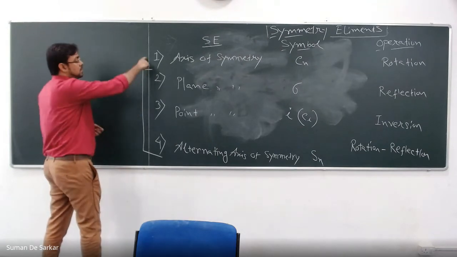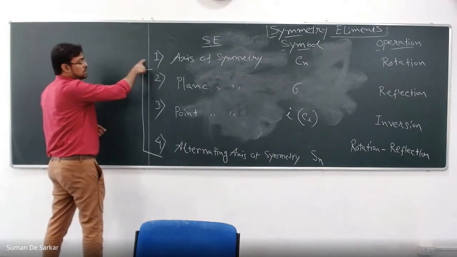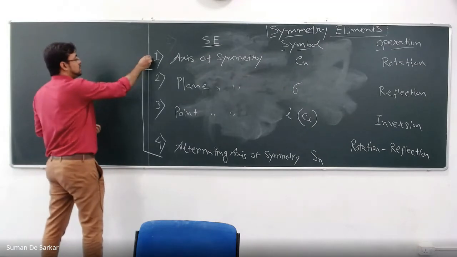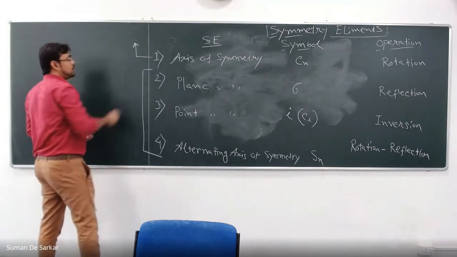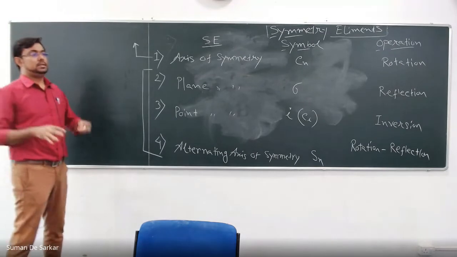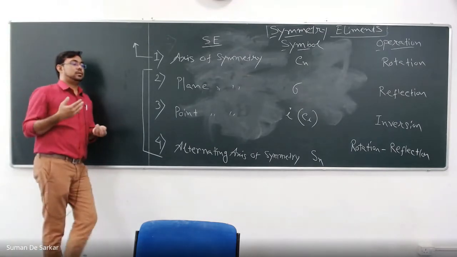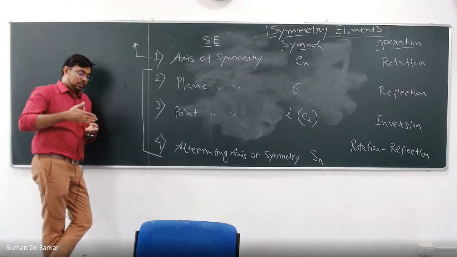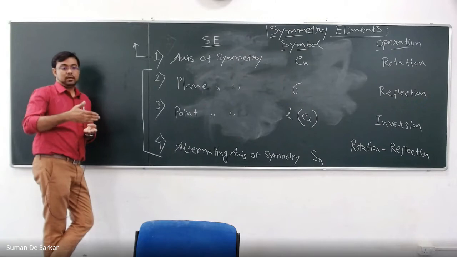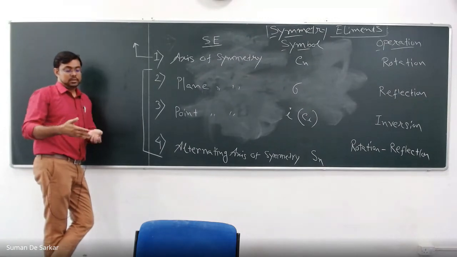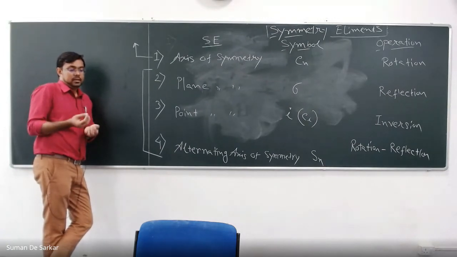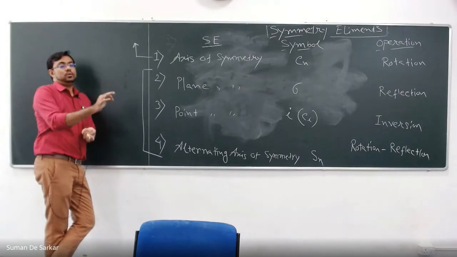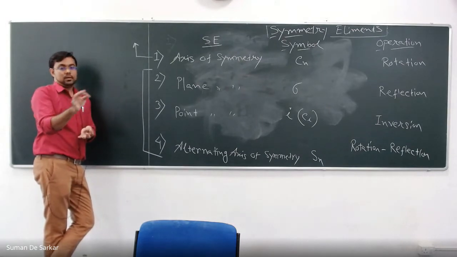This Cn, although it's an axis of symmetry, cannot decide the property of the molecule, whether it's chiral or not. In other words, if a molecule has Cn, we cannot comment on whether this molecule is chiral or not.